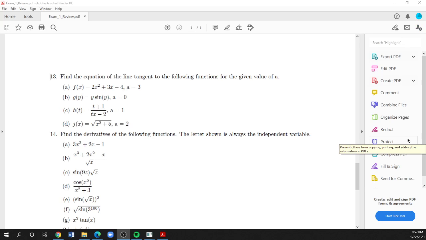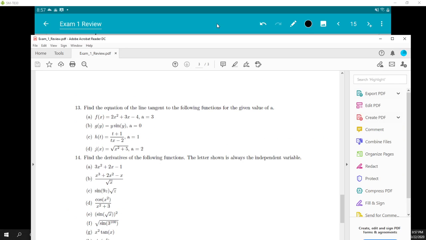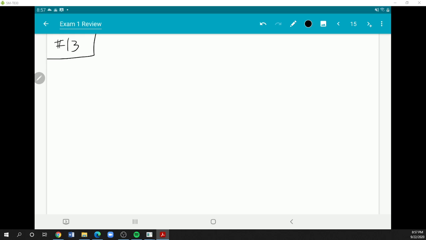Problem number 13. So this one is practicing making sure we can find equations of tangent lines. It gives us 4 different functions, and we need to write out what their tangent lines are at some given value of a. And to make it as mean as possible, I've only given you the x value, not the y.